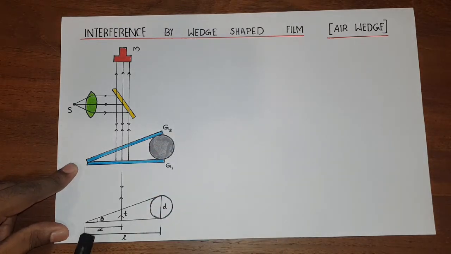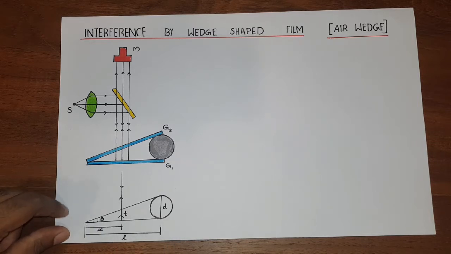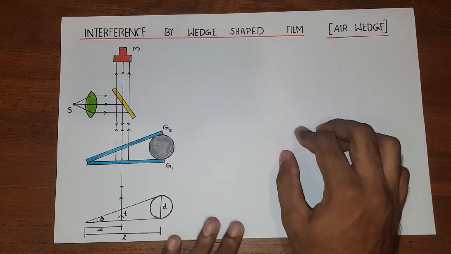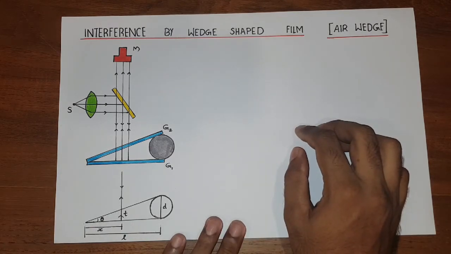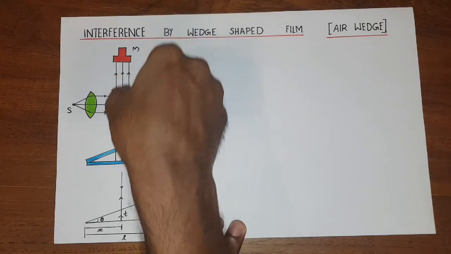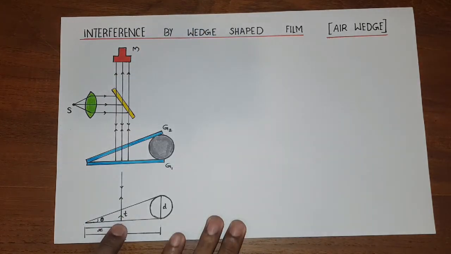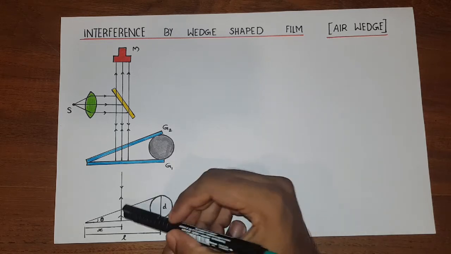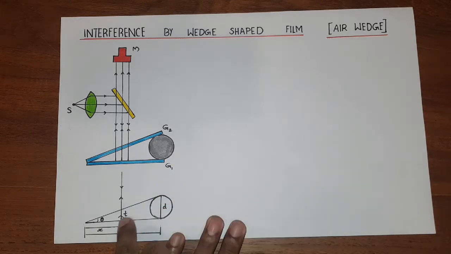Let us take the length from one end to the wire to be L. Now, going on to the discussion of the air wedge, let us consider one of the rays falling onto the air wedge, just like how I have drawn it. At this particular point, the thickness of the film is t.